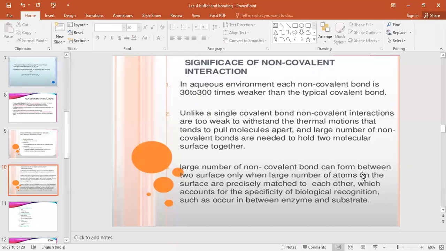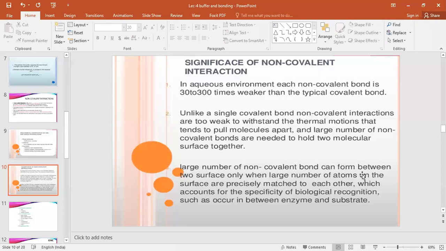Means what? If you have two atoms with a non-covalent bond between them, any type of non-covalent bond, then that bond is very weak. If you pull the atoms in opposite directions, the bond can easily break.